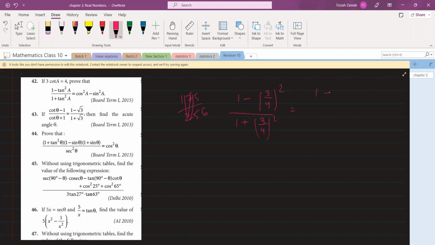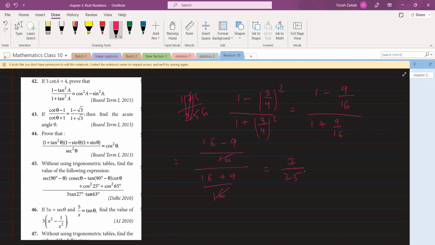So this is 1 minus 3 into 3 is 9, 4 into 4 is 16. Now 1 plus 9 by 16. Now you take LCM. So 16 minus 9 divided by 16 and 16 plus 9 divided by 16. Both denominators are the same, they will cancel, right? So 16 minus 9 is how much? 7. And 16 plus 9 is 25. Simple.